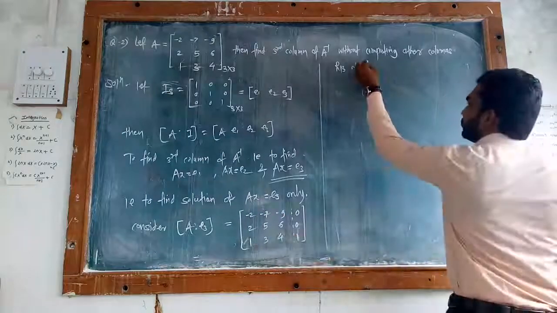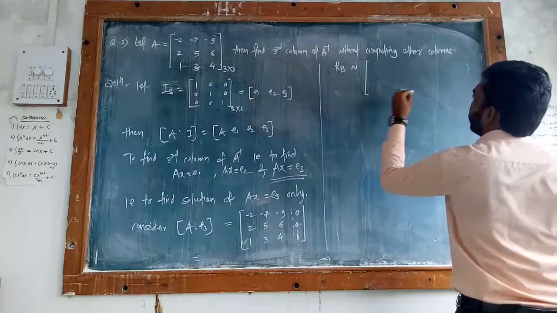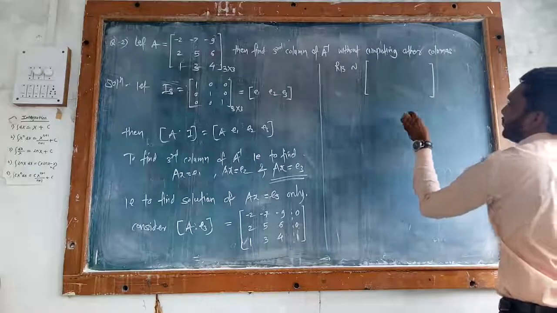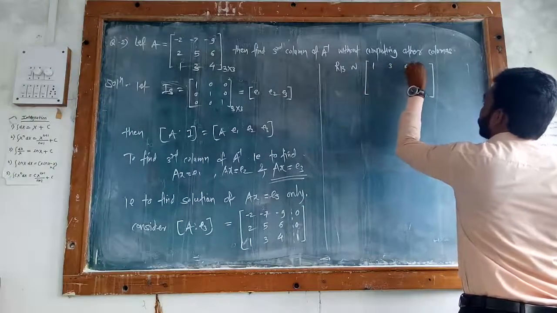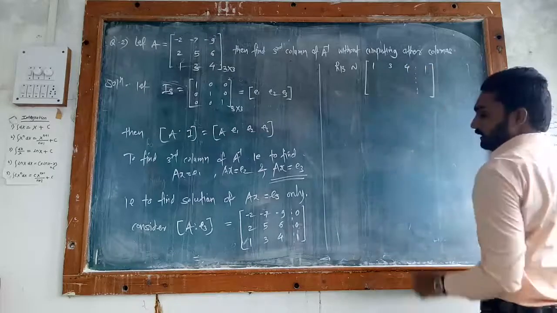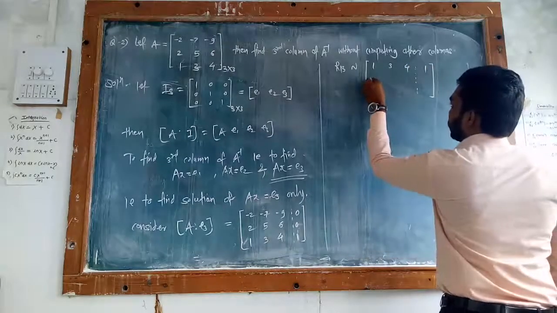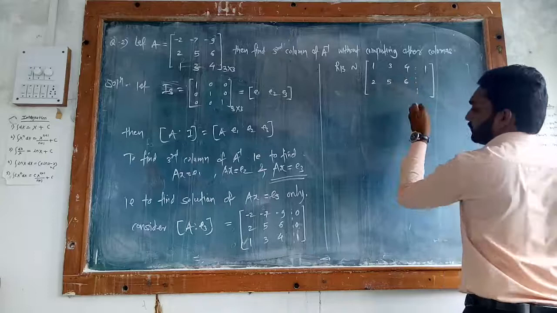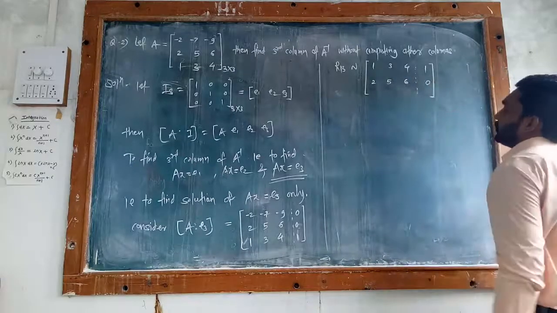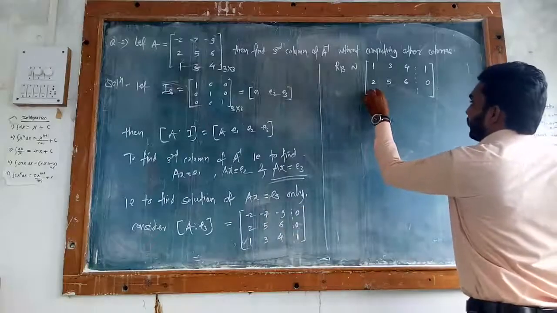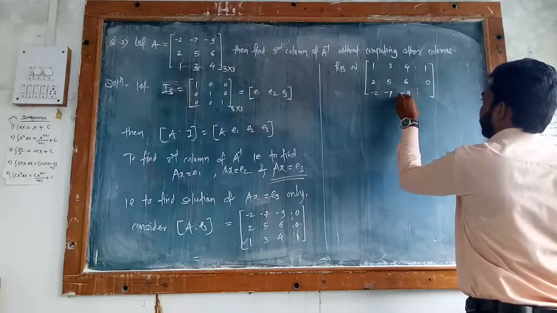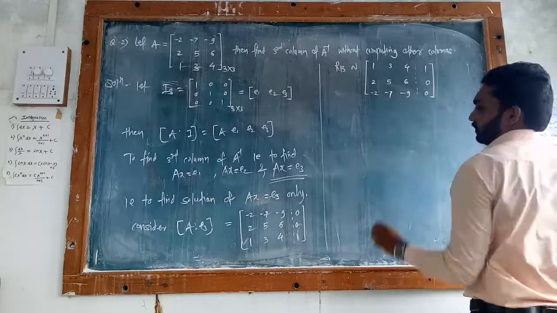So it looks like this: your first row becomes 1, 3, 4, and this entry is 1. The second row stays as it is, that is 2, 5, 6, and this entry is 0. And your third row becomes the old first row, that is -2, -7, -9, and that entry is 0.